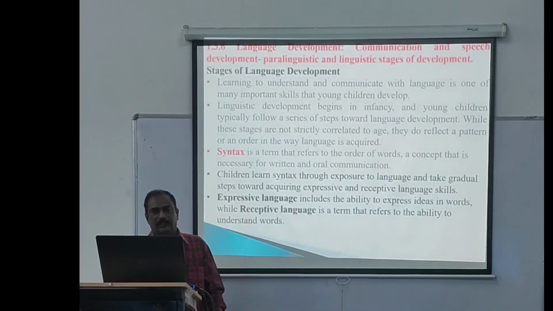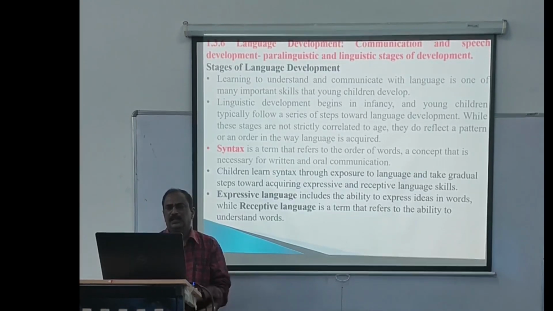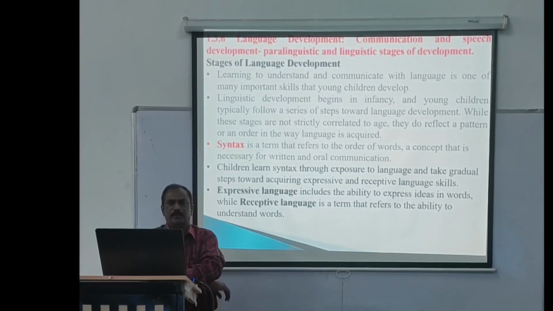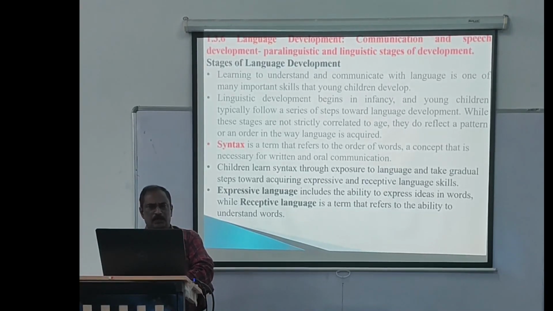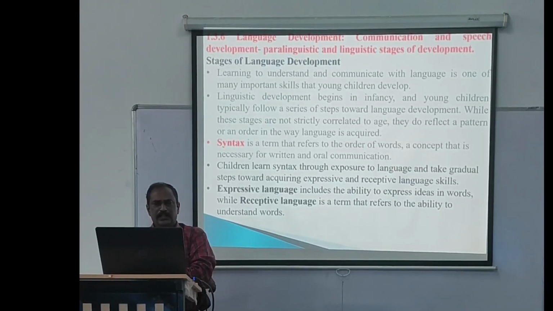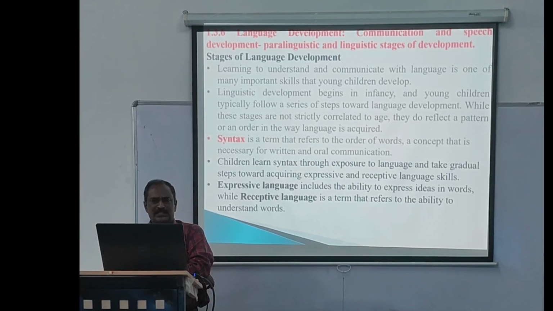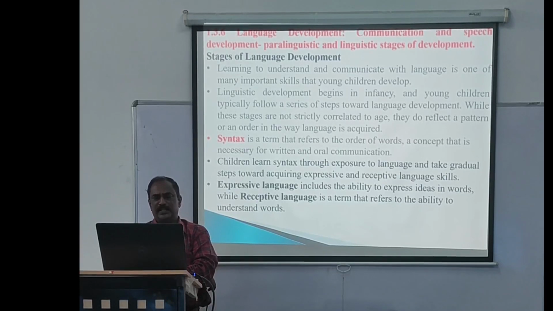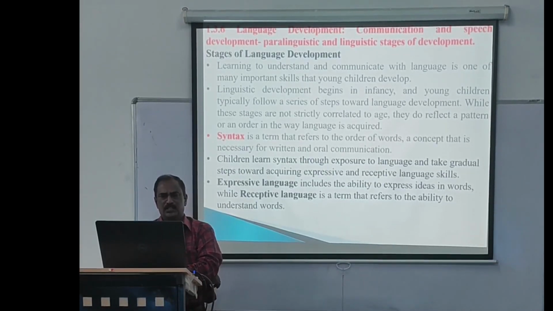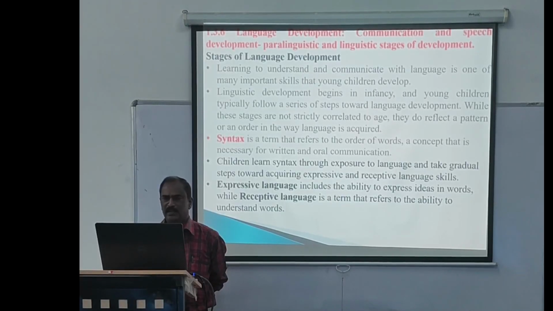Okay, so coming to language development, communication and speech development, paralinguistic and linguistic stages of development, let me see the stages of language development first. Learning to understand and communicate with language is one of many important skills that young children develop. Linguistic development begins in infancy, and young children typically follow a series of steps towards language development.